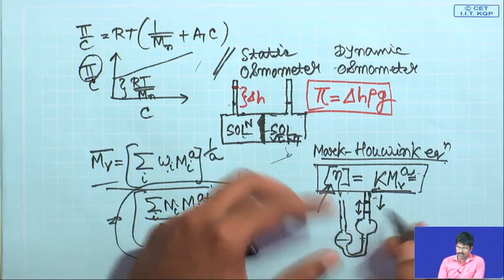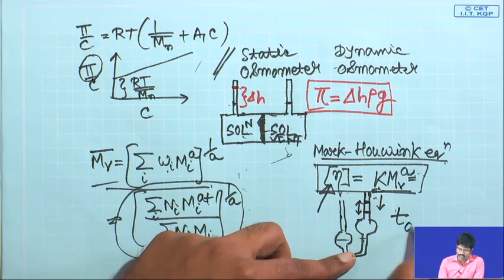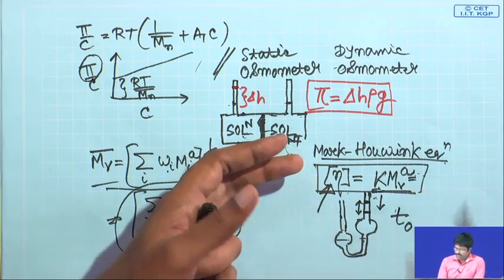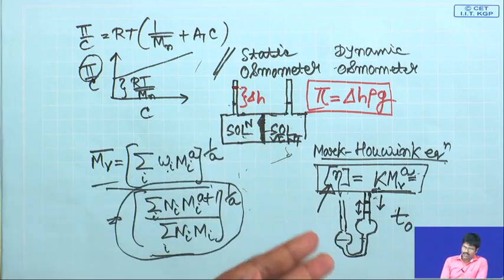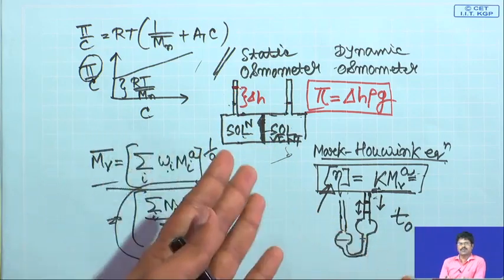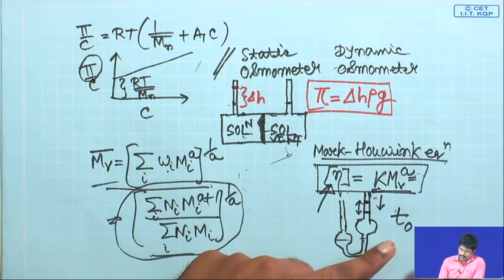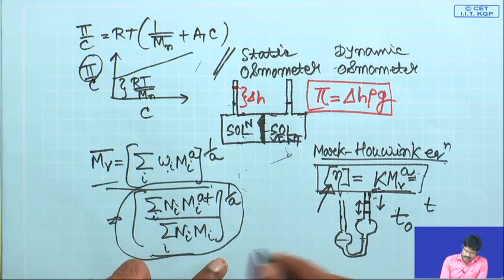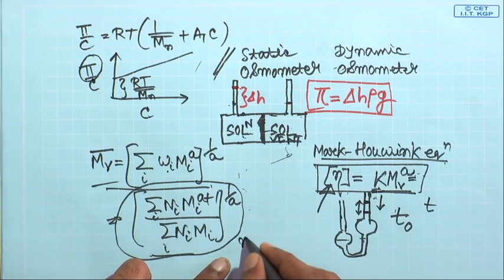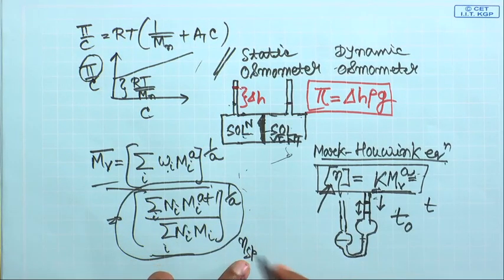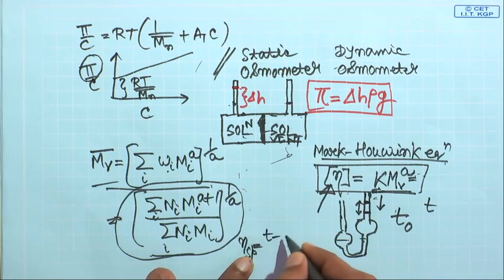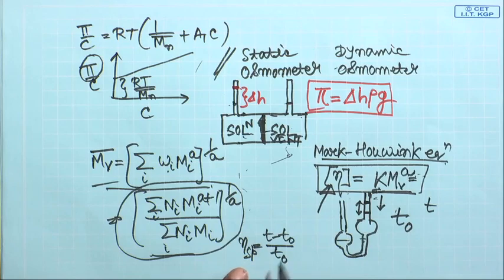For the solvent you record this time, which is nothing but t0, and for the liquid, that is your solvent plus solute, in this case a dilute polymer solution, you record this particular time, say t. Now, you can define the specific viscosity here also: specific viscosity equals (t minus t0) by t0.